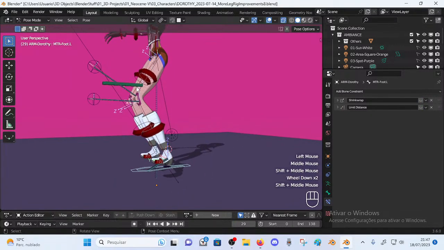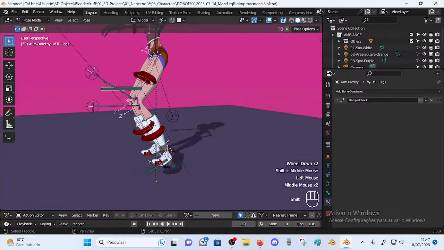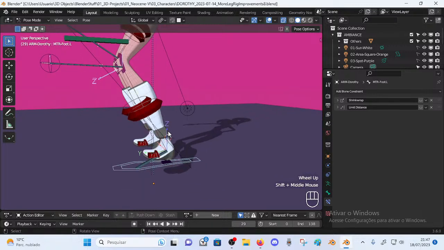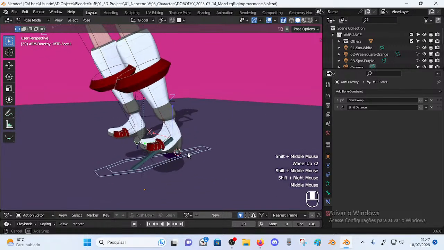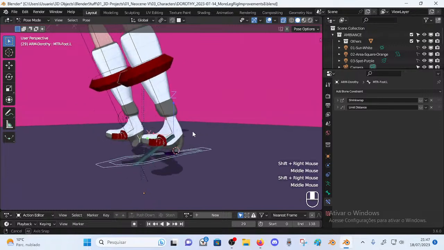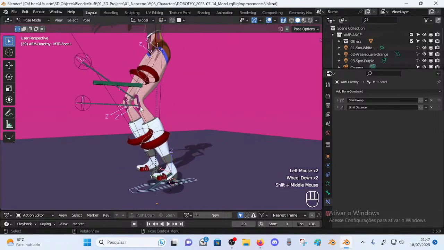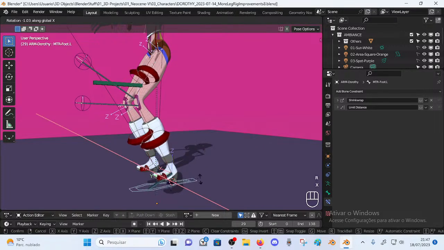Because when I have a single IK chain, I could use the 3D cursor pivot point, and because it's a whole IK chain, whatever change on the foot will push those bones inversely. So that's why it's inverse kinematics, right?